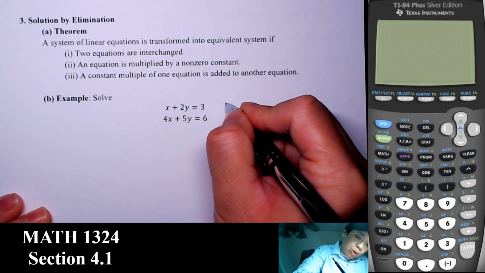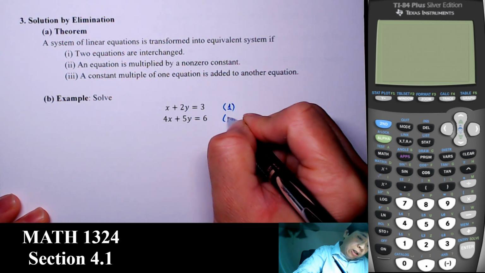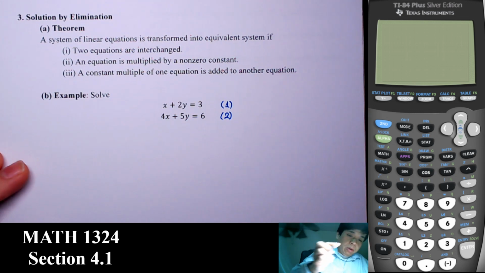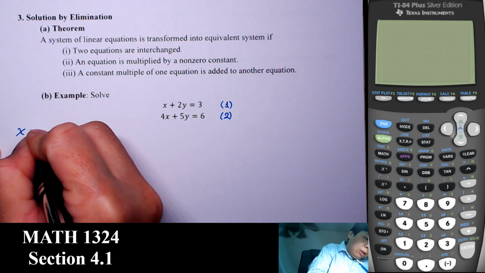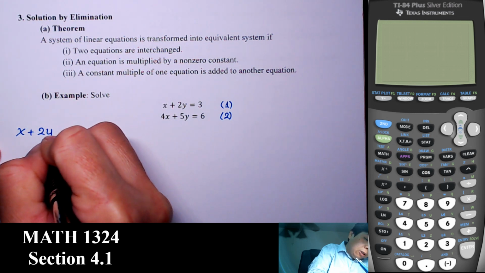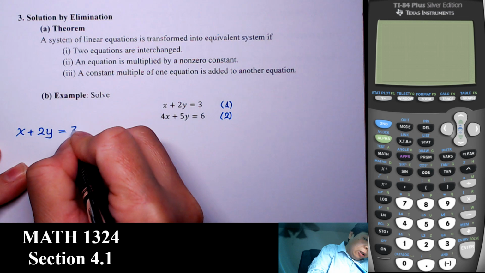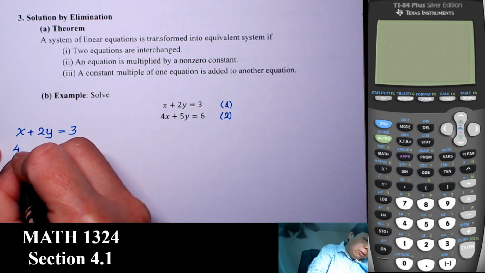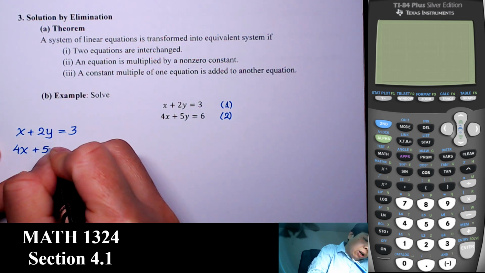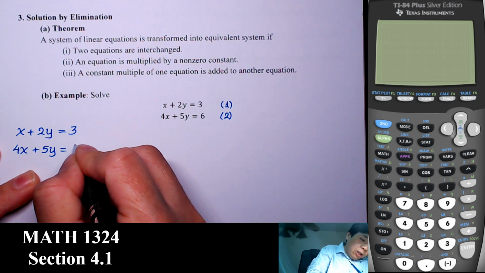Again, it's useful to denote the equations. So you have x plus 2y equal to 3, and 4x plus 5y equal to 6.